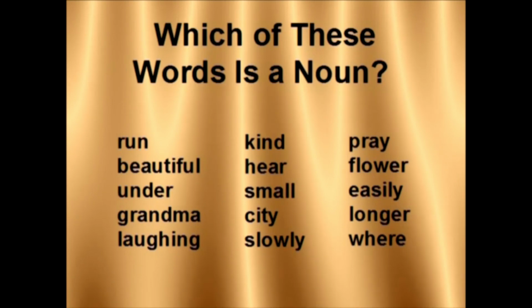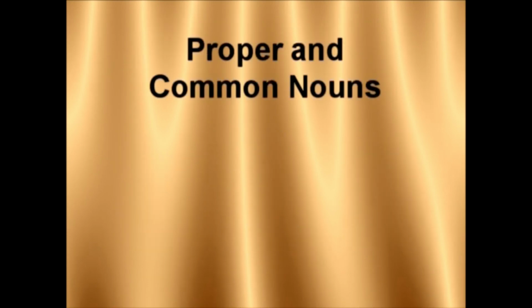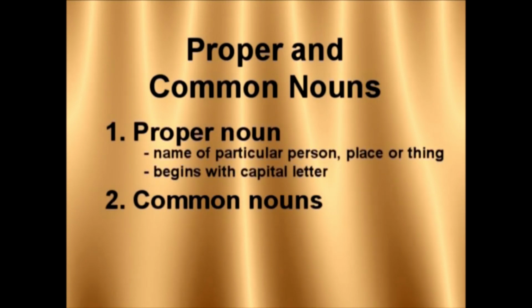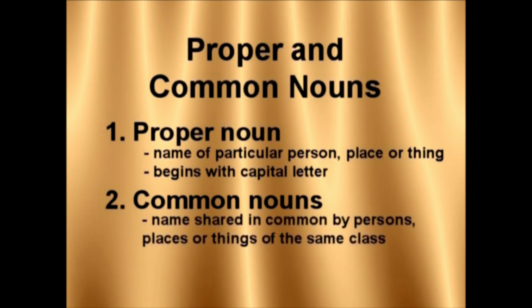There are 2 kinds of nouns: proper nouns and common nouns. A proper noun is a special name given to particular persons, places, or things, and it always begins with a capital letter. A common noun is a name shared in common by persons, places, or things of the same class.